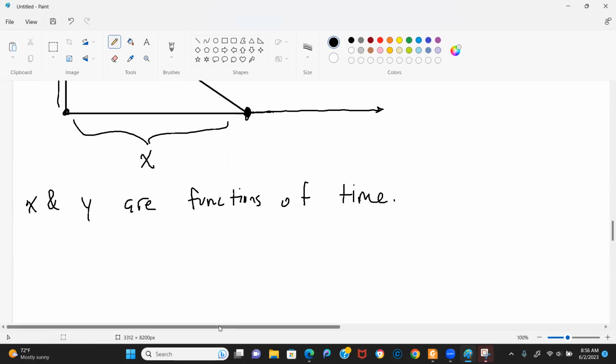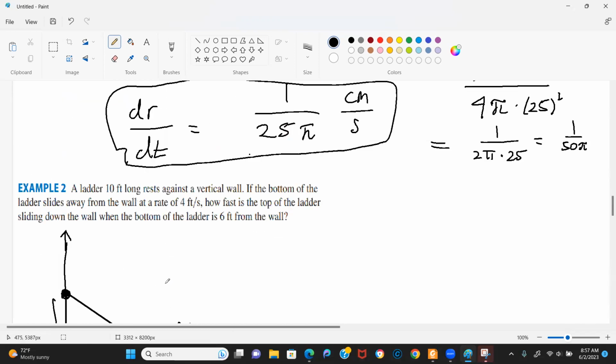We can think of them as functions of time. So now, what is given? Let's just identify what is given. We're told that the bottom of the ladder slides away from the wall at a rate of 4 feet per second.